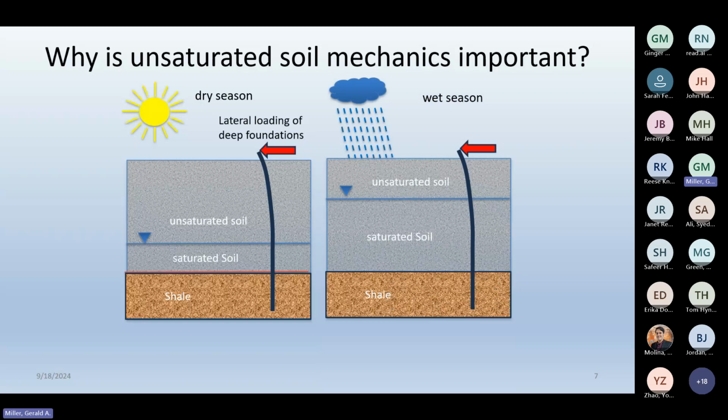And so that's something we can also be thinking about when we provide L-pile parameters, or for any application. How should we adjust those depending on anticipated moisture conditions and moisture conditions at the time of our subsurface exploration? So these are the main points I want to stress today.